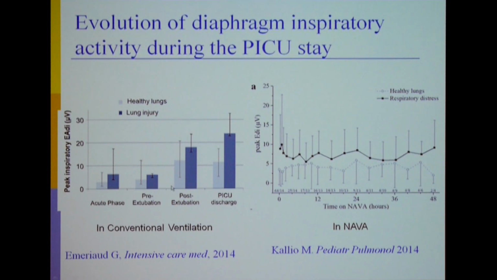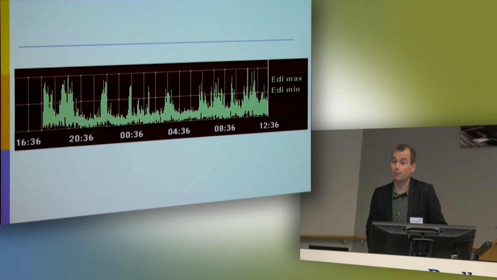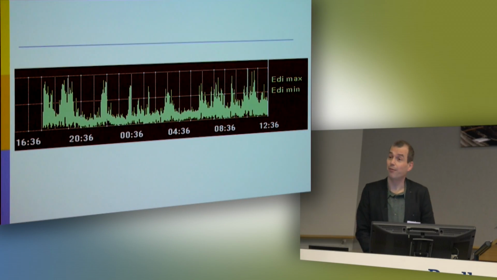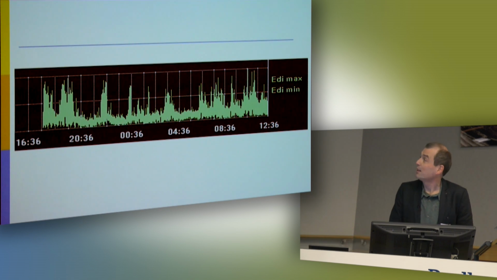in our conventionally ventilated patients. One important thing to keep in mind also is that diaphragm activity is not stable and is strongly influenced by the activity of the children, especially in infants. You can see that if the patient is asleep, the activity is very different than if the patient is active or agitated.